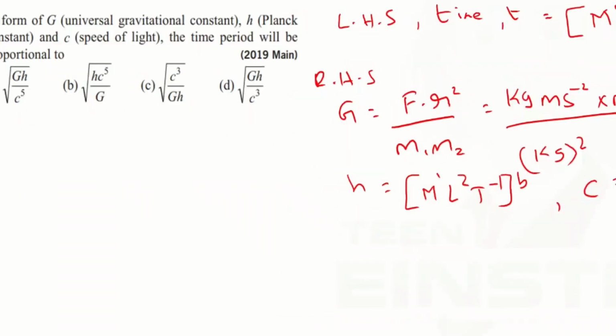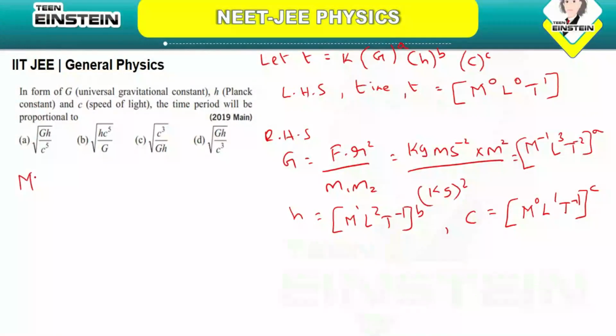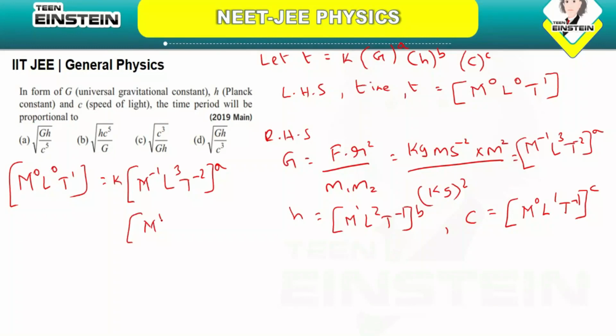In LHS you are having M0 L0 T1, and in RHS you will be having K into M^-1 L^3 T^-2 to the A, and M1 L^2 T^-1 to the B, and M0 L T^-1 to the C. So this will be on the RHS.